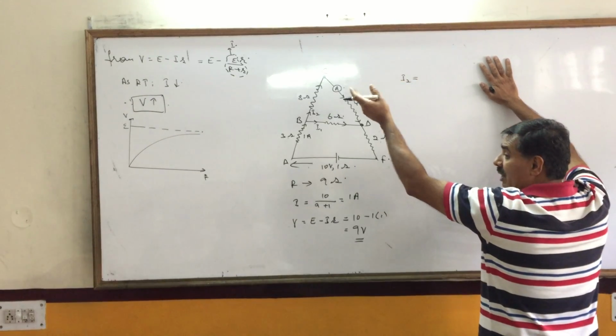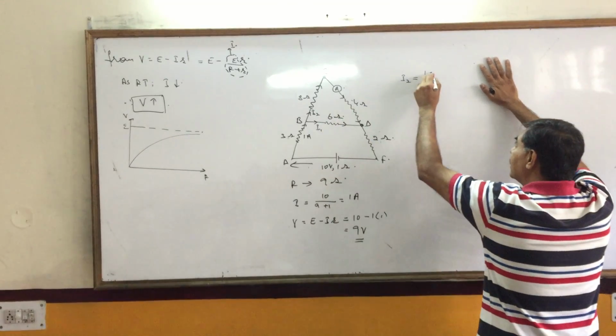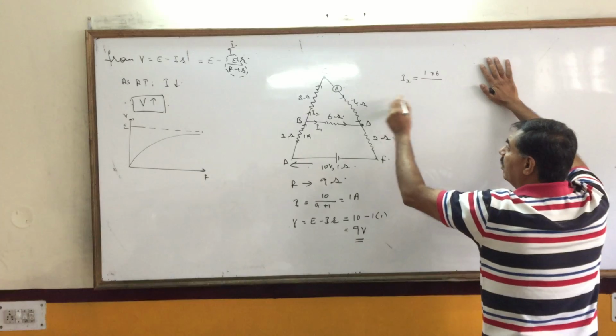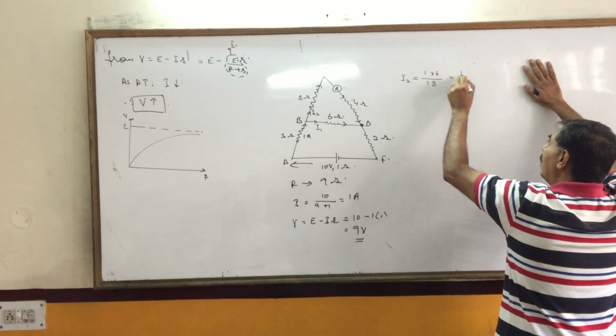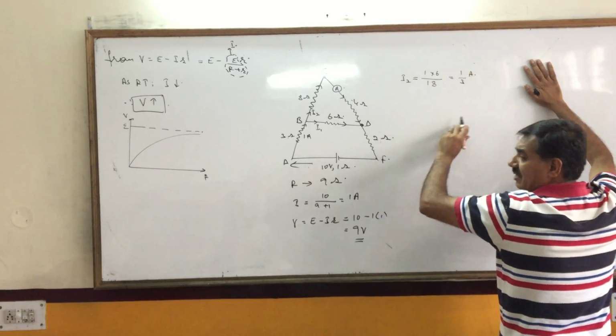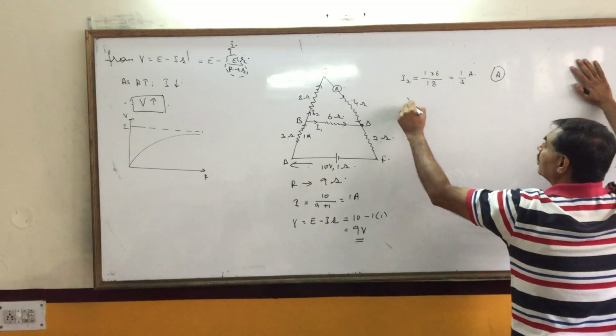It will divide in inverse ratio। It will be 1 into 6 upon 18। This is 1 by 3 amperes, which is the ammeter reading.